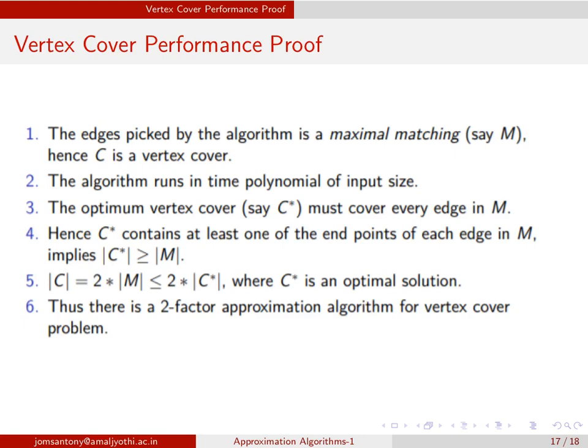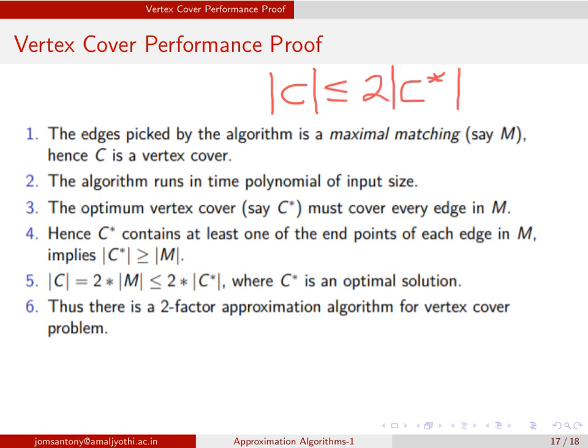We have already seen that every approximation algorithm should have a performance guarantee with respect to the optimal solution. The performance guarantee of this approximation algorithm is defined like this. If C is the vertex cover found by the approximation algorithm and C star is the minimum vertex cover, or the optimum vertex cover, then we can always prove that modulus of C is going to be less than or equal to 2 times C star.